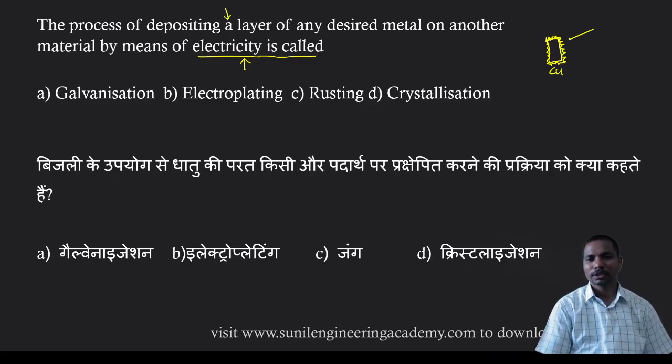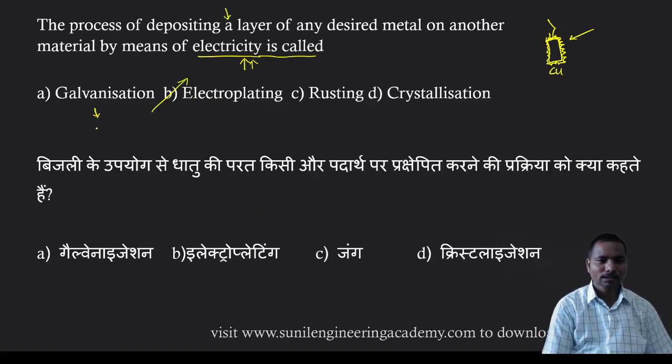So that is used in the rolled gold items. So depositing of the layer by electricity, that is called electroplating. Galvanization means adding the zinc.